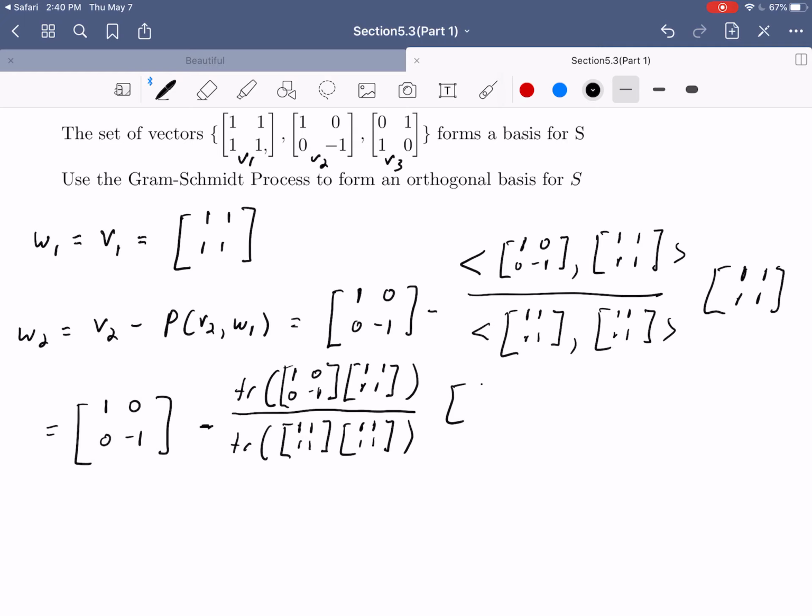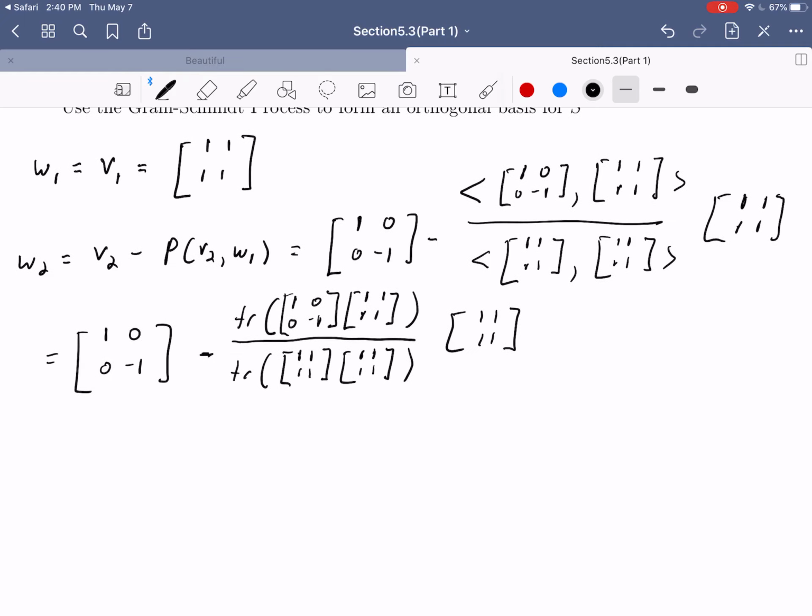Then the result of that times the matrix 1, 1, 1, 1. So that is 1, 0, 0, minus 1, minus, let's go ahead and do that product. For the trace, first row, first column, we get 1, then something we don't care about, something we don't care about, and this one times this one gives us negative 1.